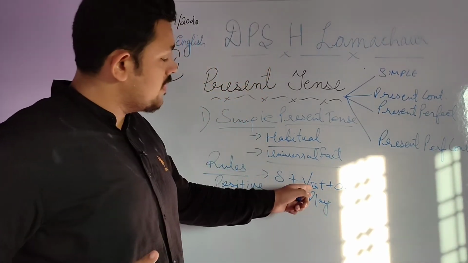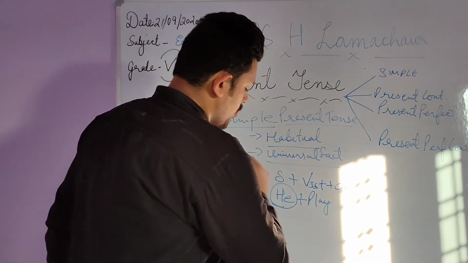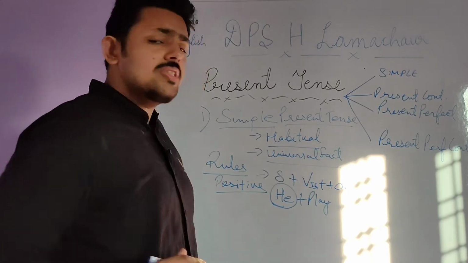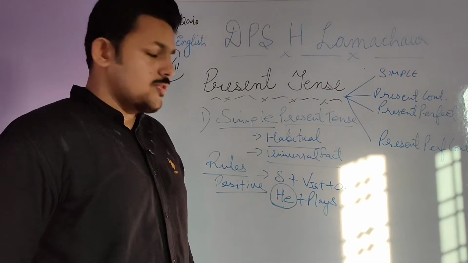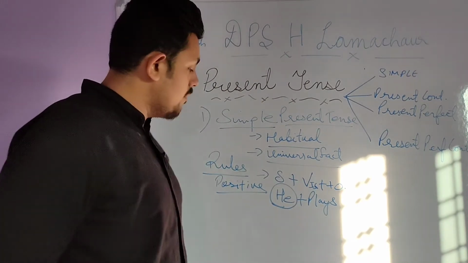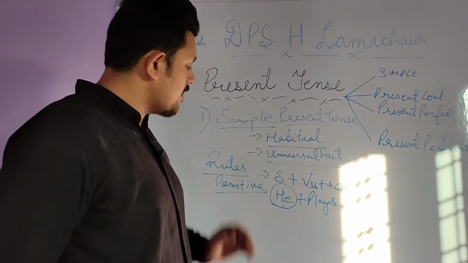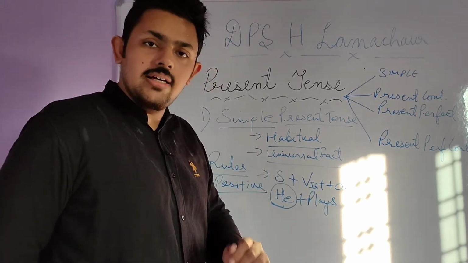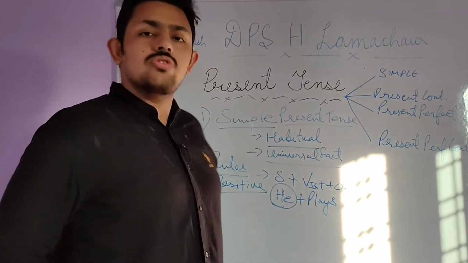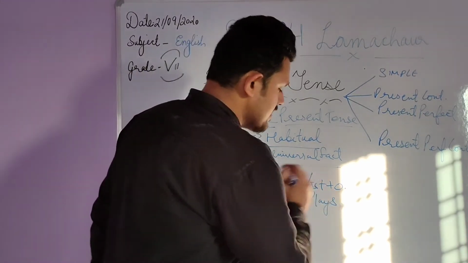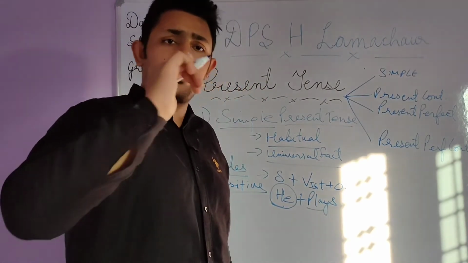One more thing with the verb: if our subject is singular, we use the s or es after the verb. He plays. Most of us get confused when we are using s. S is used with the verb. It makes it the singular verb.